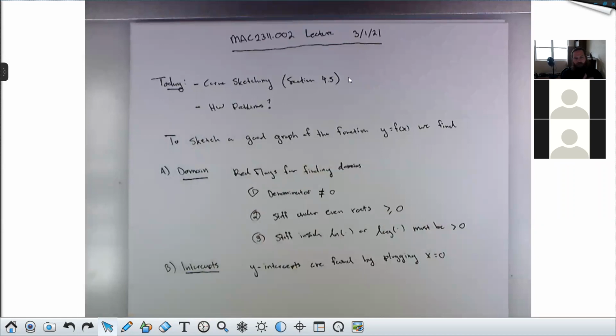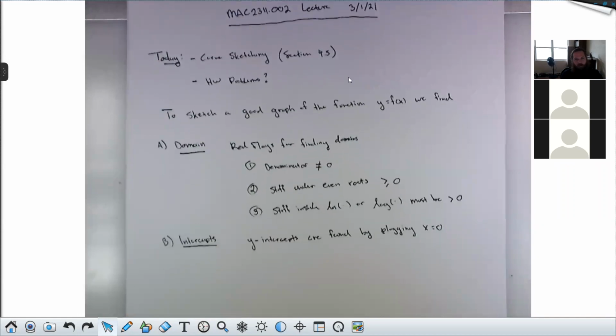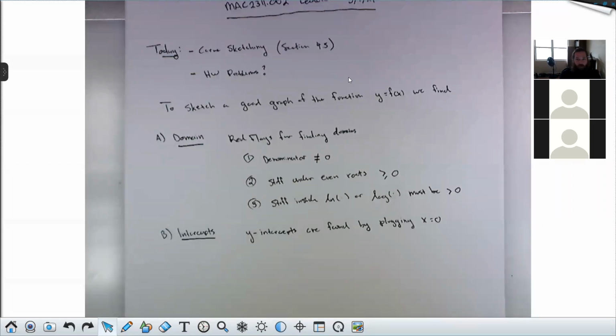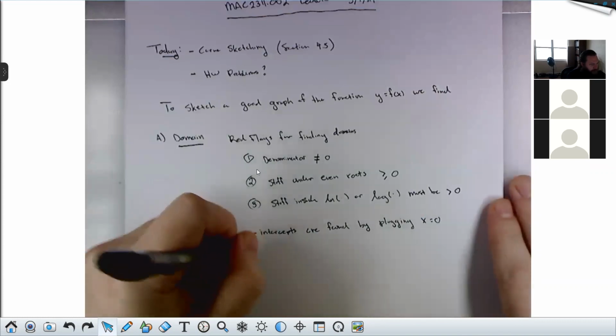Right, the y-axis is all the points in the plane whose x-coordinate is 0. So if you want to find the y-intercept for any function out there, you just plug in x equals 0. Not every function has a y-intercept, right? Of course, if 0 isn't in the domain of your function, then you cannot plug in x equals 0.